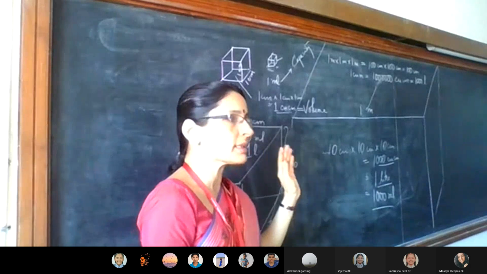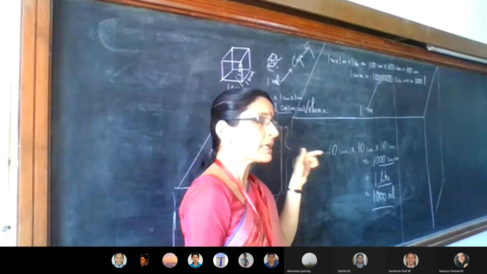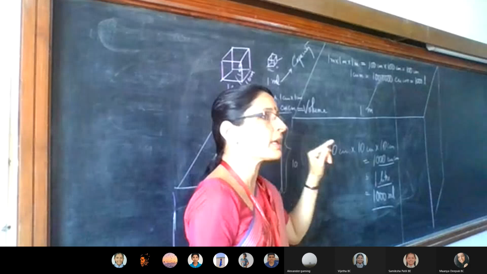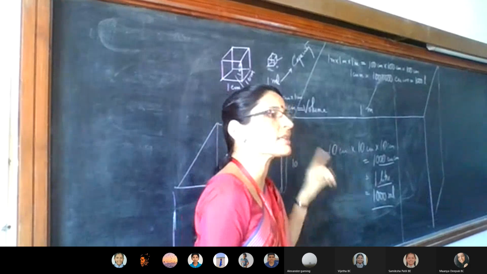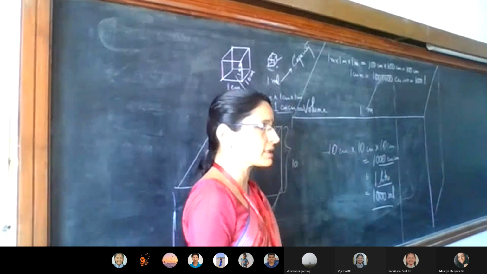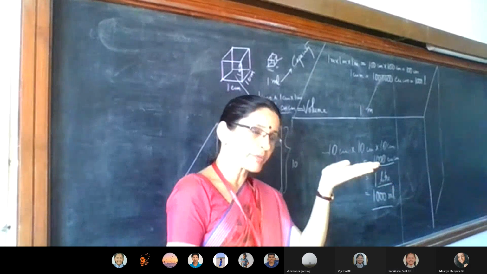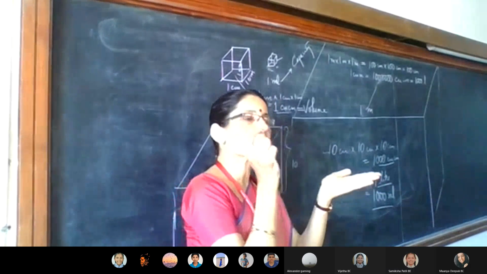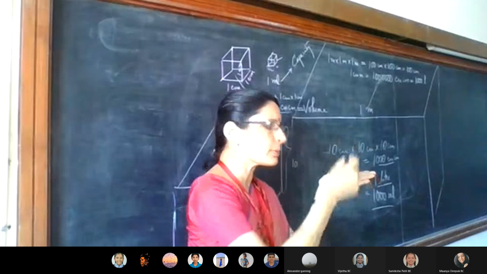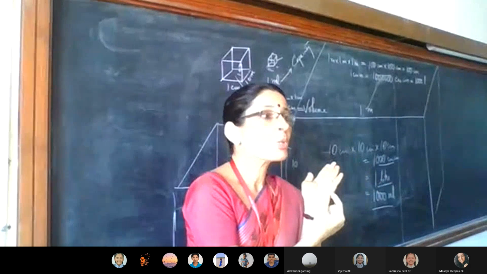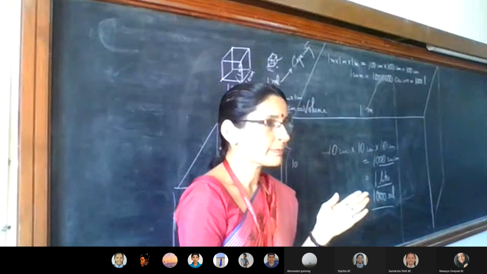As it holds 1 ml liquid, its capacity is 1 ml. Capacity of the cube with 1 centimeter edge is 1 ml. Volume of the cube with 1 centimeter edge is 1 cubic centimeter.